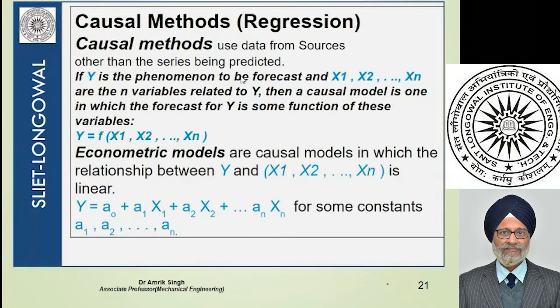So if y is a phenomenon to be forecast, and x1, x2, xn are the n variables which are related to y, then a causal model is one in which the forecast for y is a function of x. So this is the forecast we have to calculate. It is a function of x1, x2, x3, and so on.